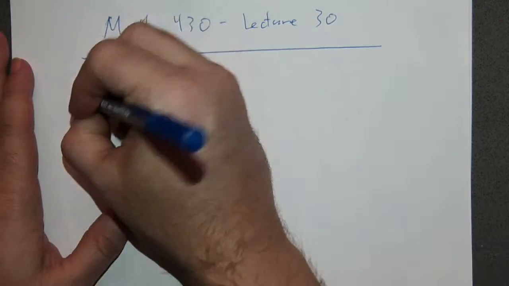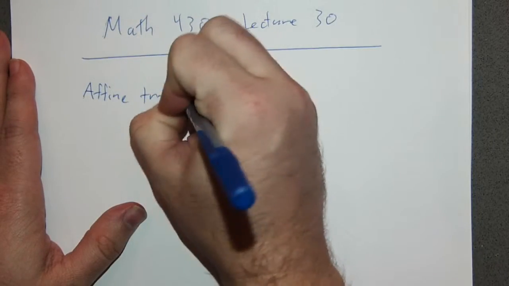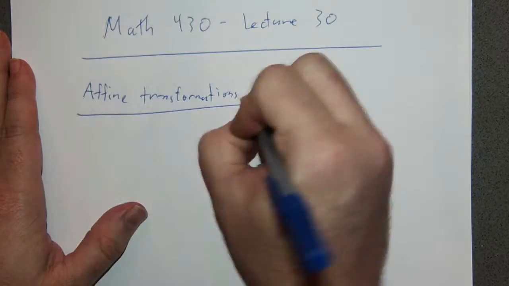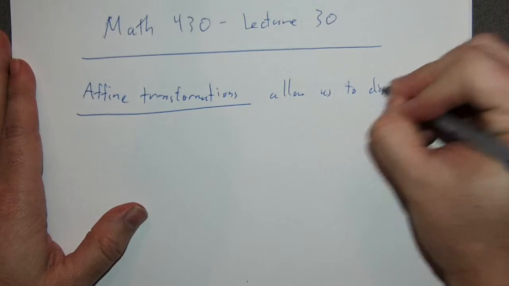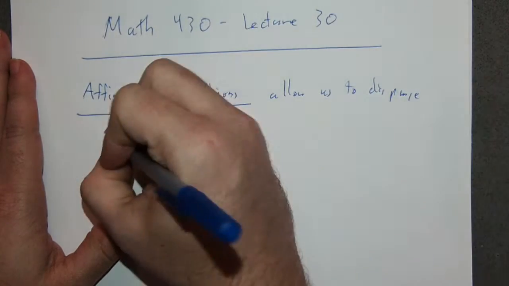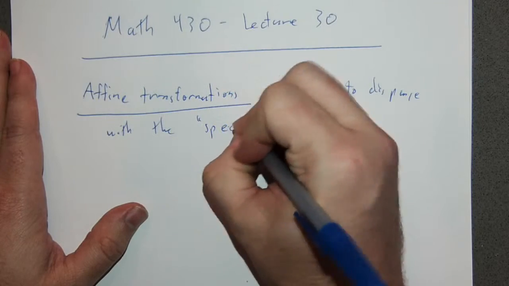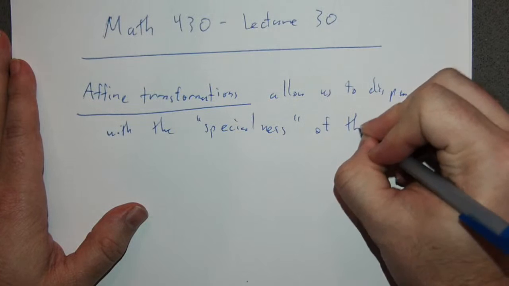So affine transformations allow us to dispense with this specialness of the origin.